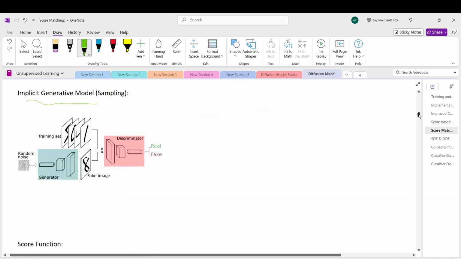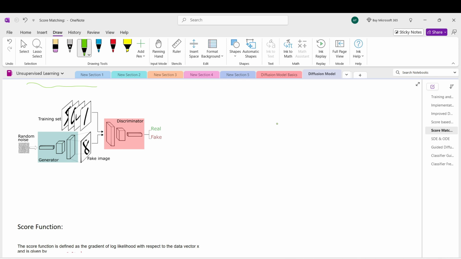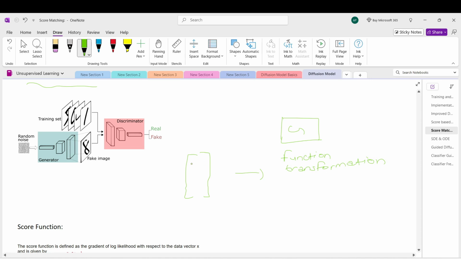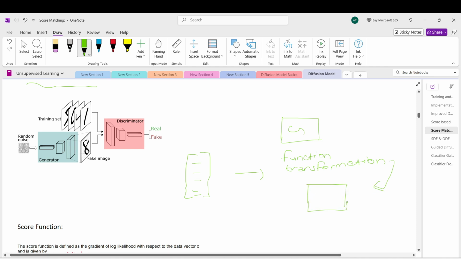So in GANs, what we do is we have a generator, which is a function, a transformation function. It takes a latent vector as input, some set of numbers, which can be a 100 dimensional set of numbers, and if you pass it through this function, it will generate two-dimensional images which look similar to what we have in the dataset.